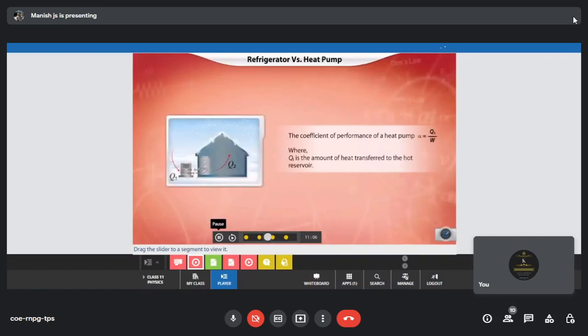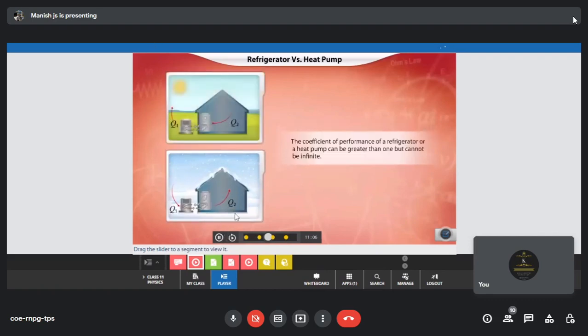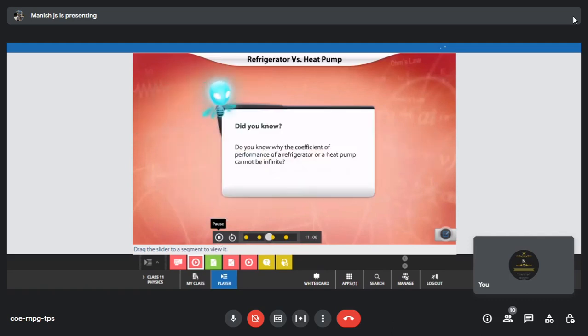The coefficient of performance alpha of a heat pump is calculated as shown. The coefficient of performance of a refrigerator or a heat pump can be greater than 1 but cannot be infinite. So this is all about the heat pump and the refrigerator. We will look at this again in detail.